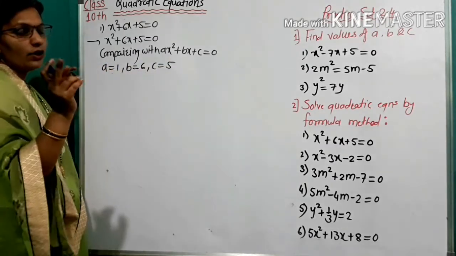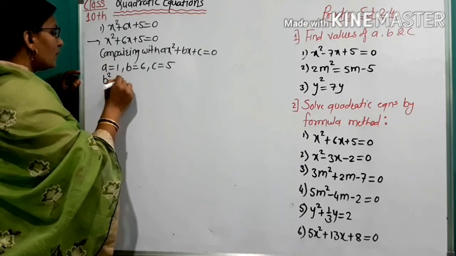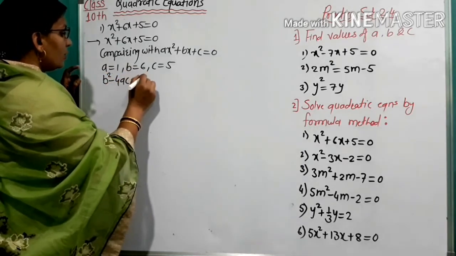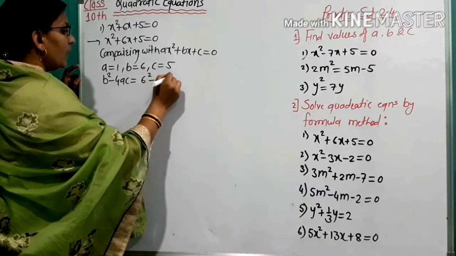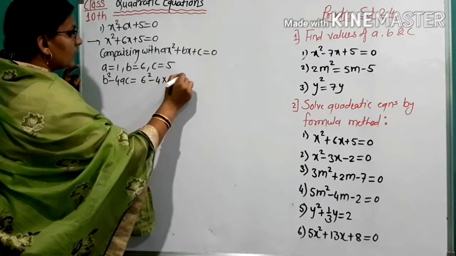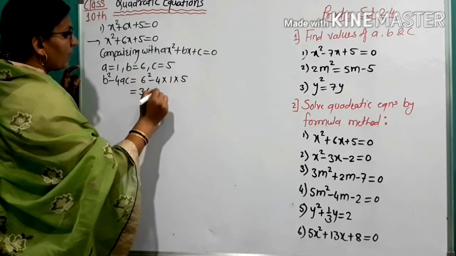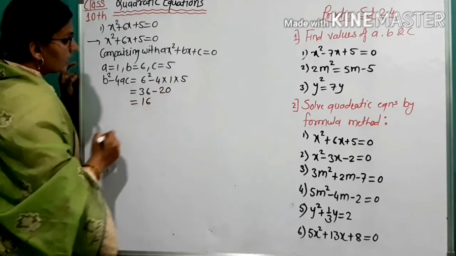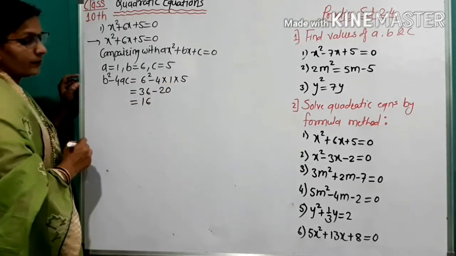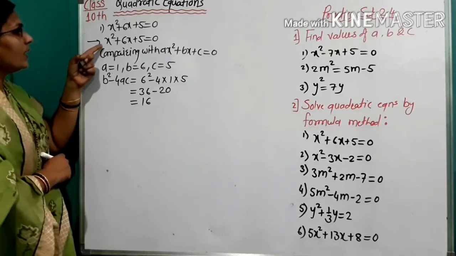Then find the value of discriminant, that is b square minus 4ac. Put the values. 6 square minus 4 into value of a is 1, value of c is 5. That is, 36 minus 20 equal to 16. Then write down the formula method, find the value of x.